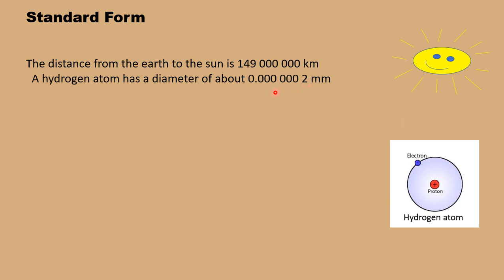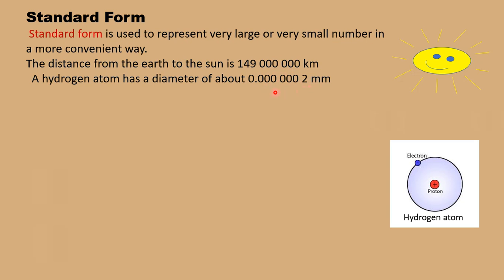small. So how to write these two different, that is small and large numbers? How to express these two varieties of numbers? So for representing these varieties of numbers, we use standard form.